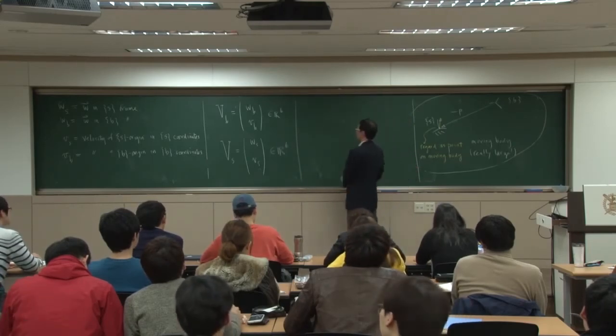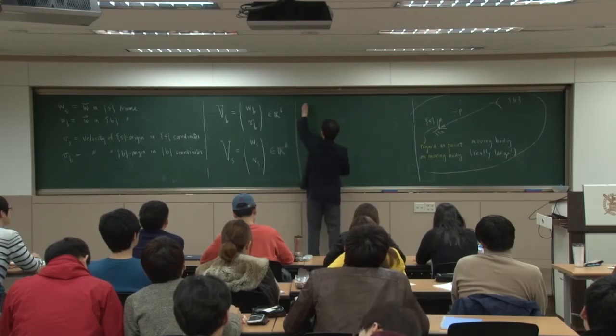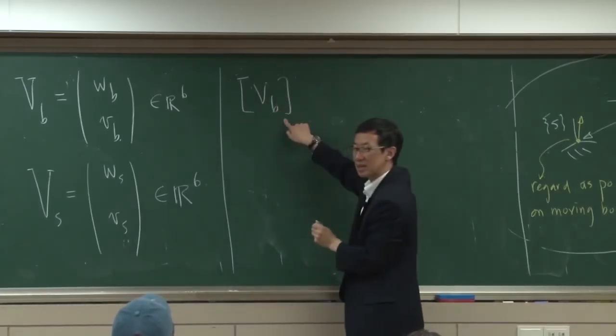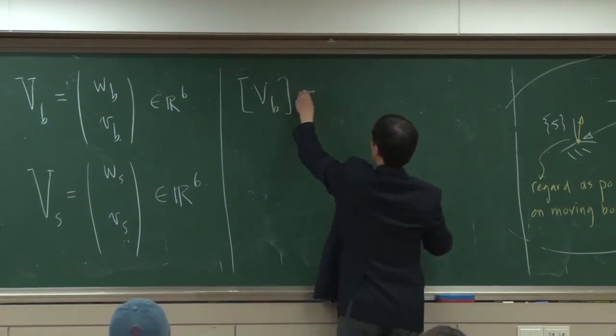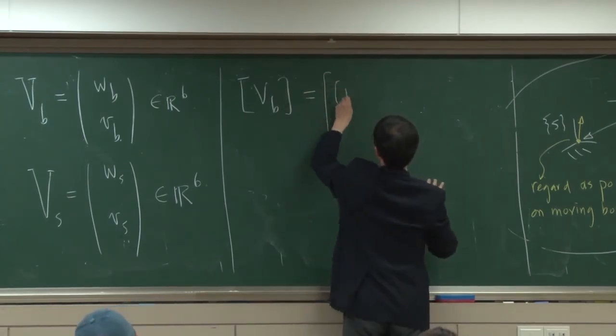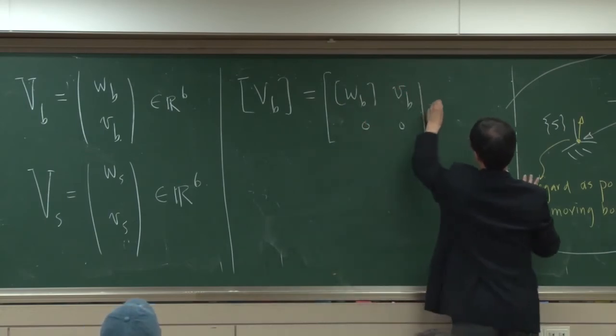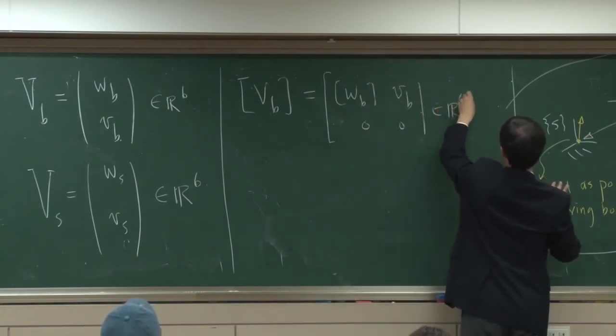One final piece of notation. When I write V sub B inside square brackets, I'm going to mean this. It's the 4x4 matrix version.